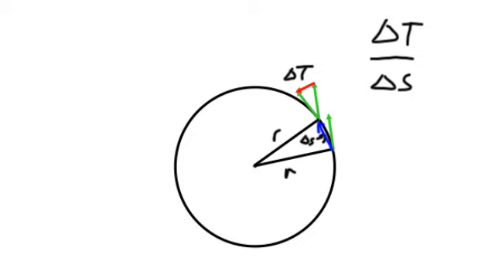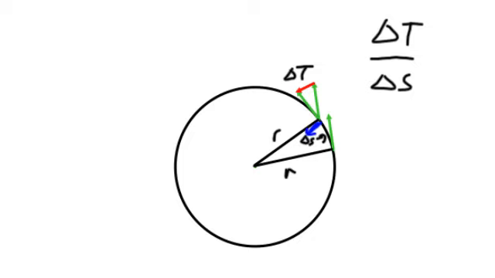As position 1 and position 2 get closer together, as I move along the curve here, delta s becomes closer and closer to along the tangent line, which means that delta t is going to be closer and closer to perpendicular to that.